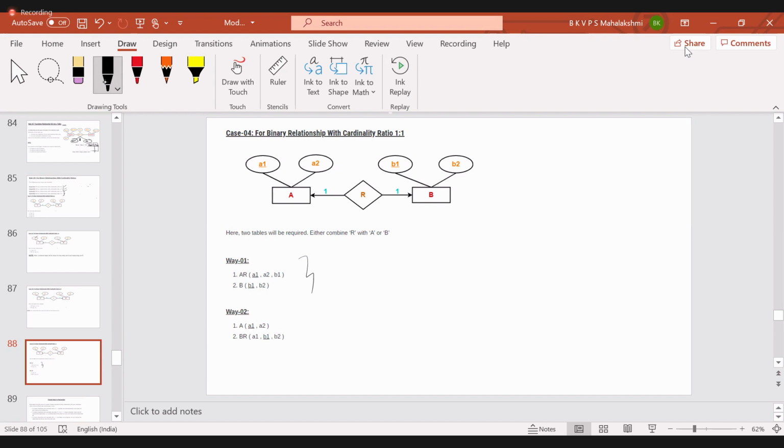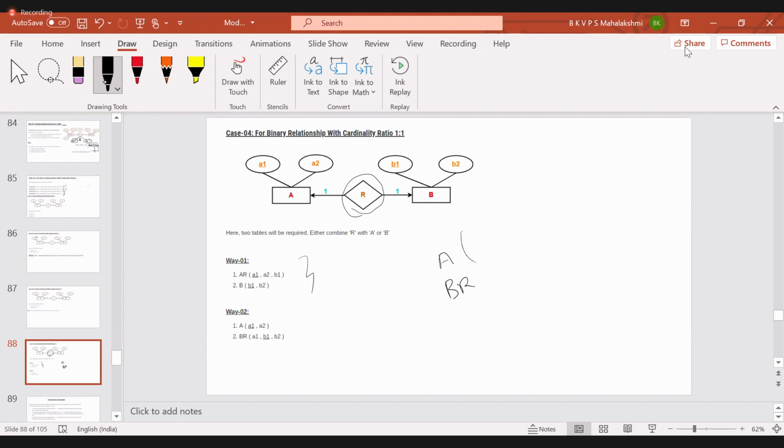Don't forget about it, because whenever you combine this relation, remember that in that relational table you have to specify both the entities' primary keys. Suppose at first I take A and then BR.